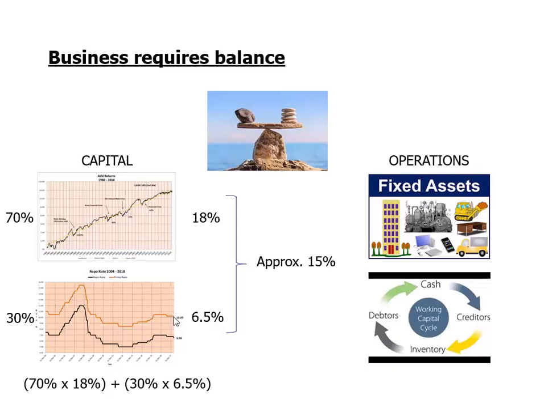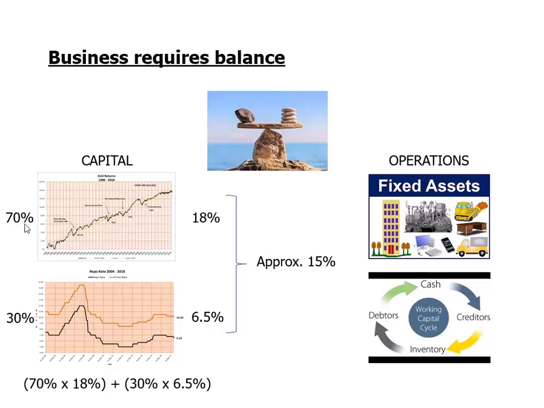But we've got some debt because there's a tax advantage. So it turns out that 70-30 is an optimal balance between the two. When we calculate the average cost of this capital, it comes to around about 15%. We call this number our weighted average cost of capital.